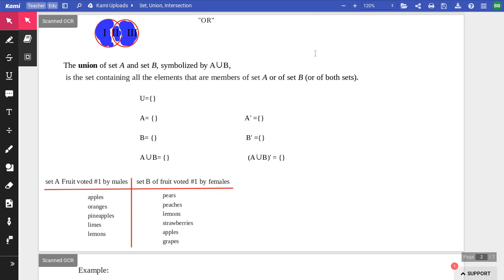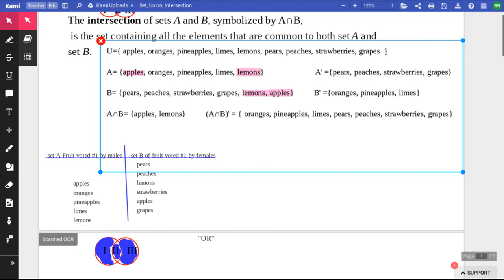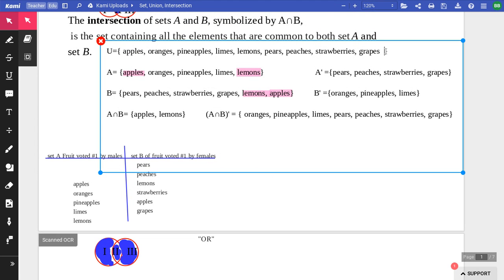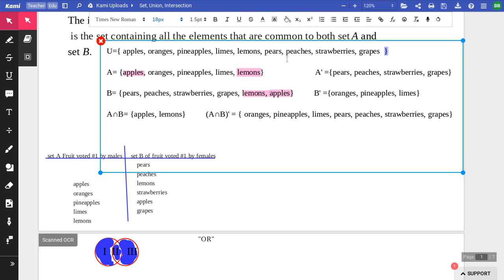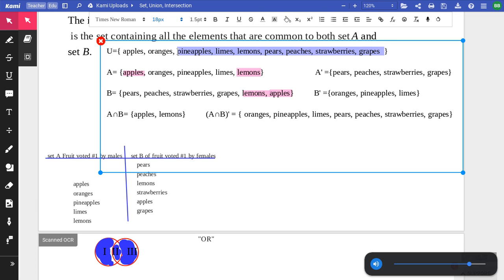So, as we know from the previous example, the union refers to all of the elements.